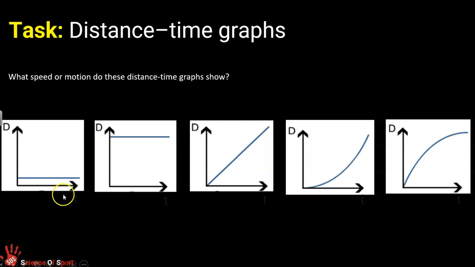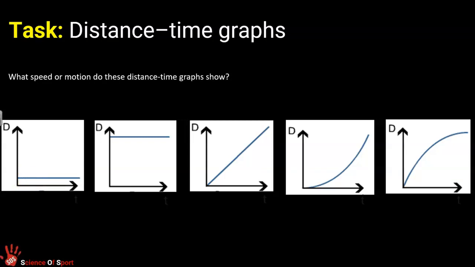So let's look at the first couple. Here we've got time on the bottom axis. You can't quite see the time unit there, but this is time, and of course the d is distance. So over time, this object's distance is not changing. And what that means is the athlete is not changing position over time.